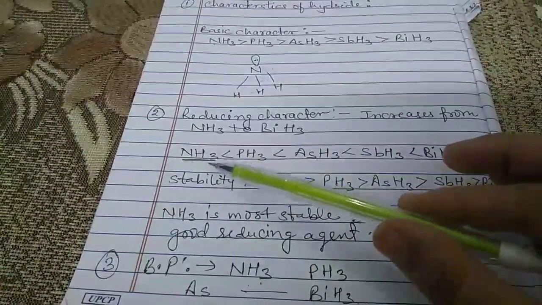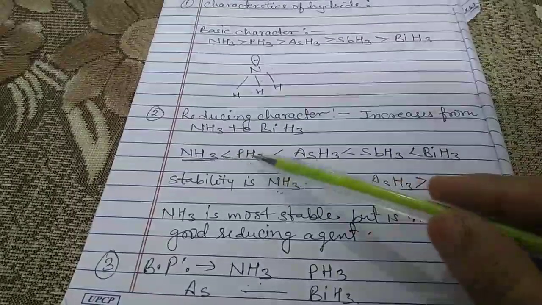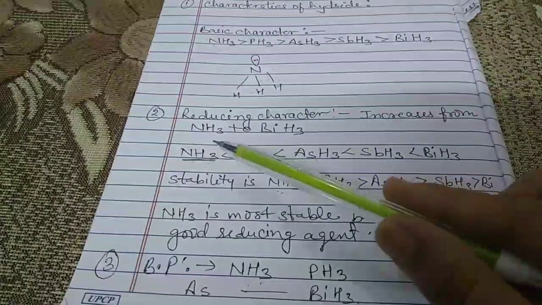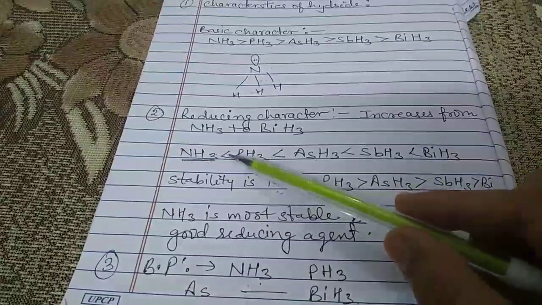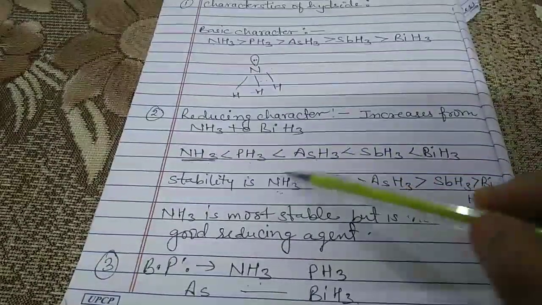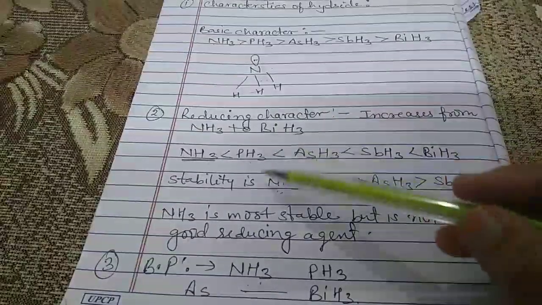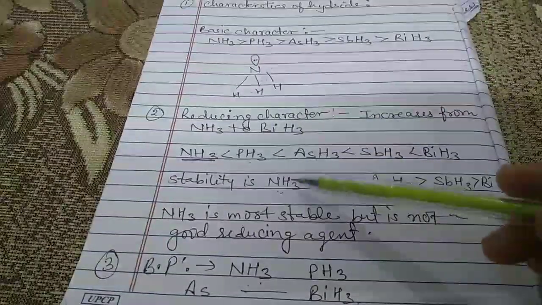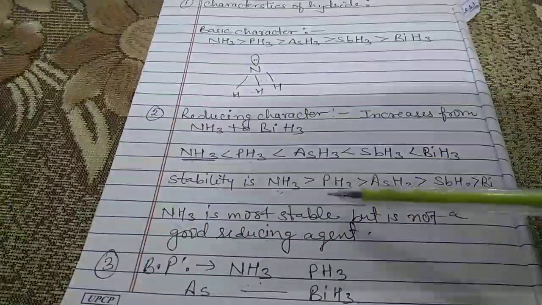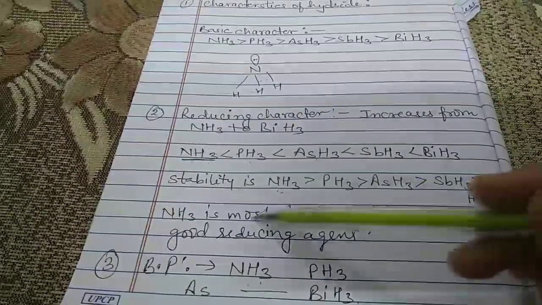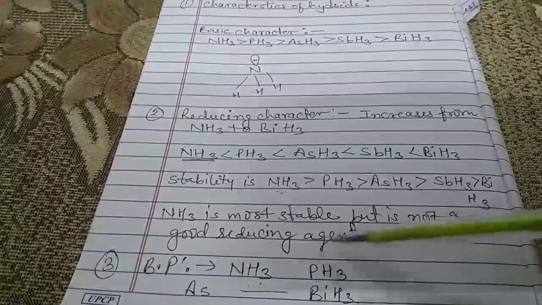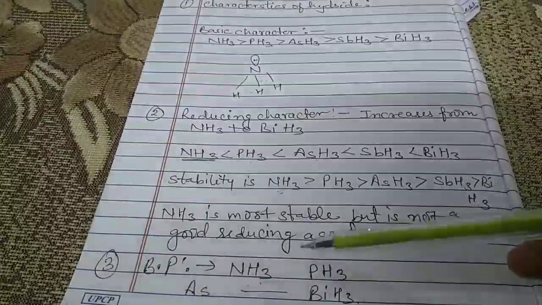Since the stability of the group 15 hydrides decreases from NH3 to BiH3, the reducing character increases. Reducing character is the opposite of the stability, and NH3 is highly stable, but it is not a good reducing agent.